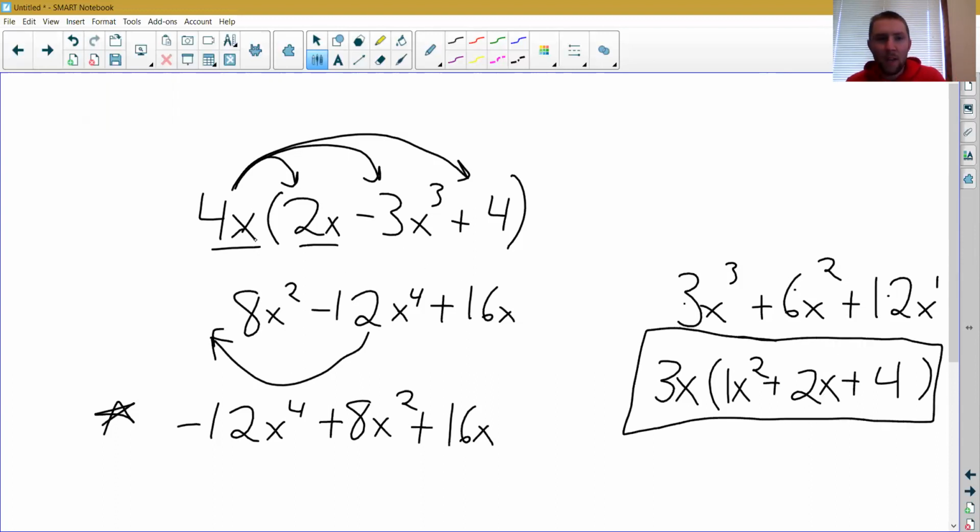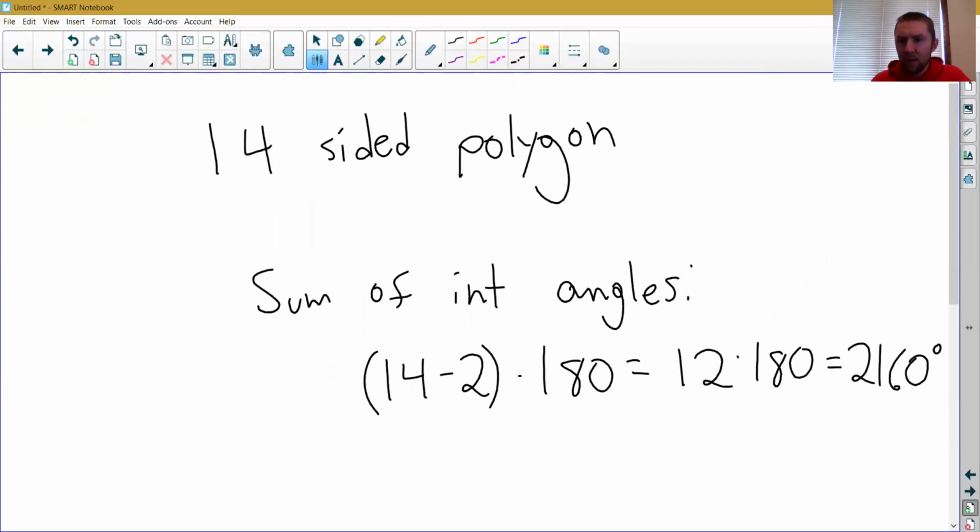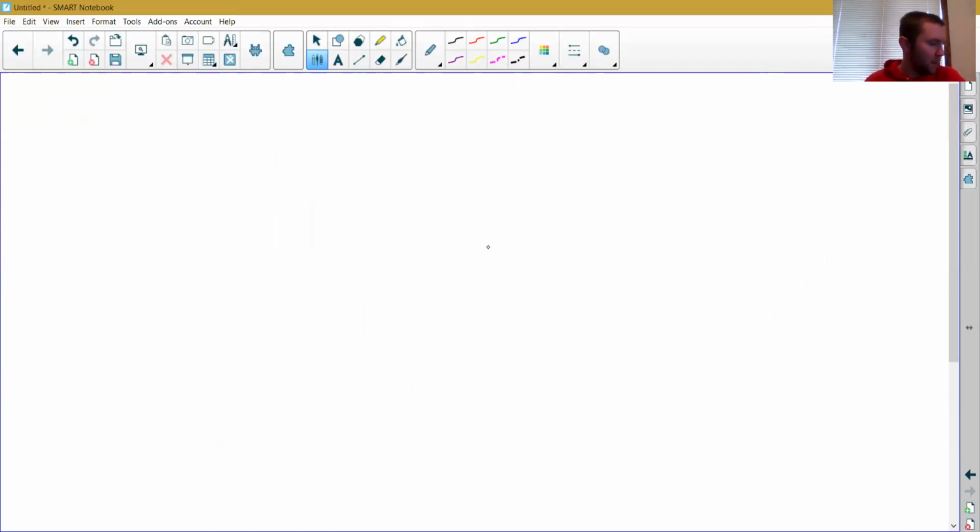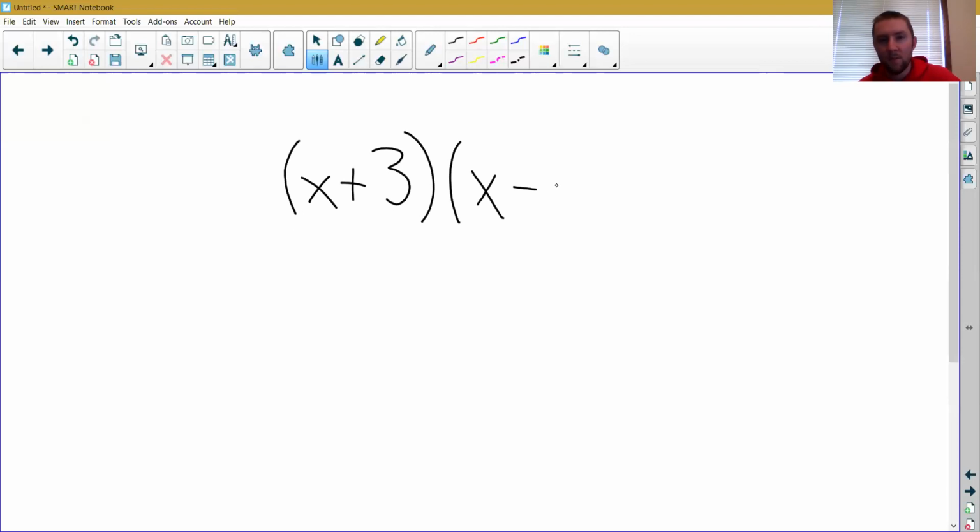Okay, so multiplying something into a polynomial in a set of parentheses with the distributive property, and factoring out a greatest common factor, undoing that process, that is section 8.2. Section 8.3 is where we started doing the FOIL method, also known as the double distributive property. That was where we were taking two sets of parentheses and multiplying them together, something like this times this, right?